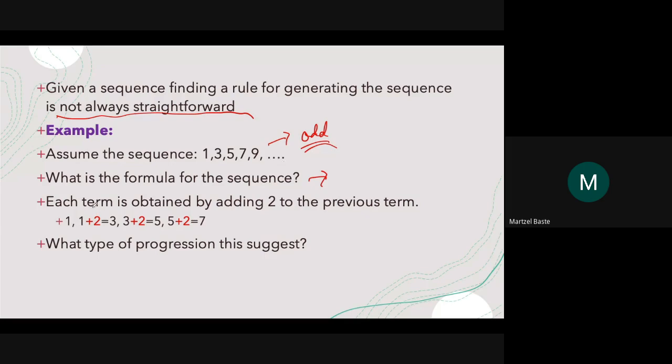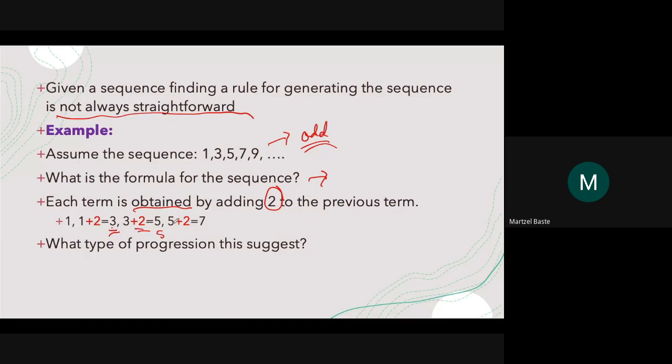So with that, we can assume that each number will be obtained by adding a value which is 2. So 1 plus 2 will be 3. Then 3 plus 2 will result to 5.